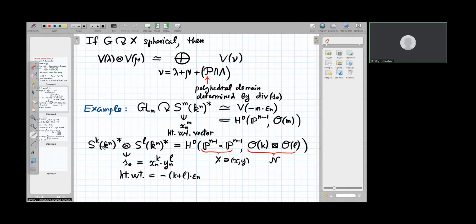It is the Clebsch-Gordan decomposition formula, which gives you a decomposition of this kind for n equals 2. We proved the decomposition formula in this case by exactly the same geometric method which we use now. But for this simplest situation, we did not use the theory of spherical varieties which we know now. We just used some elementary arguments which are possible in that case.